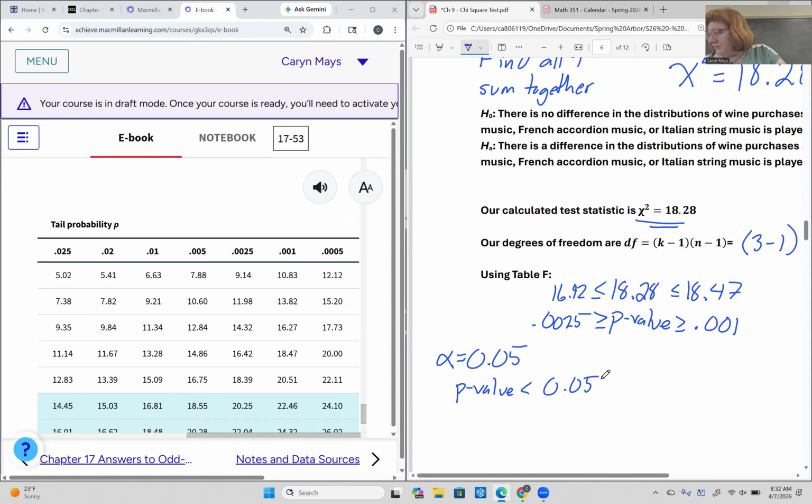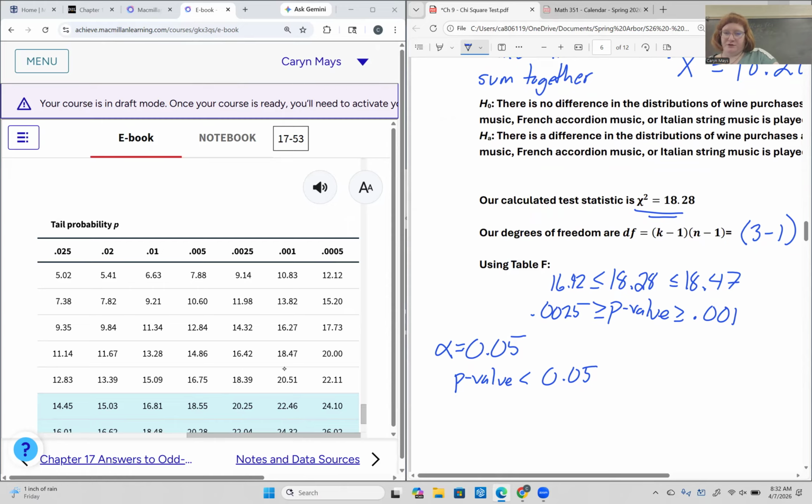What do we do with our null hypothesis? Reject. There's not a lot of evidence to support the null hypothesis claim. So we reject H naught. And what was said?